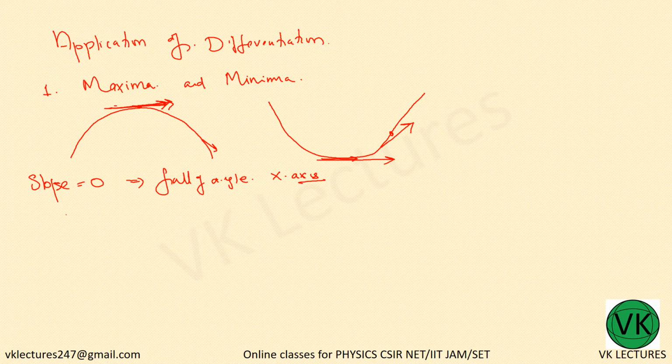Now slope is nothing but tan theta. Tan theta is y by x, right? So slope is nothing but y by x. Okay. This is called a point of maxima. This is called a point of minima. Okay.